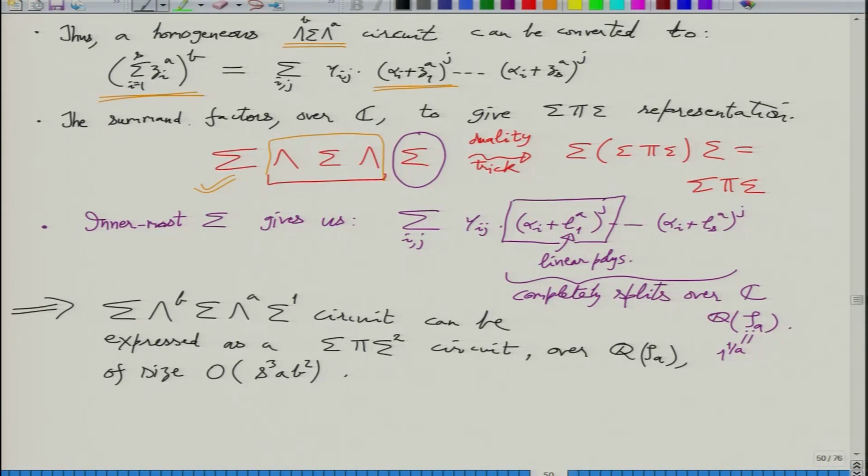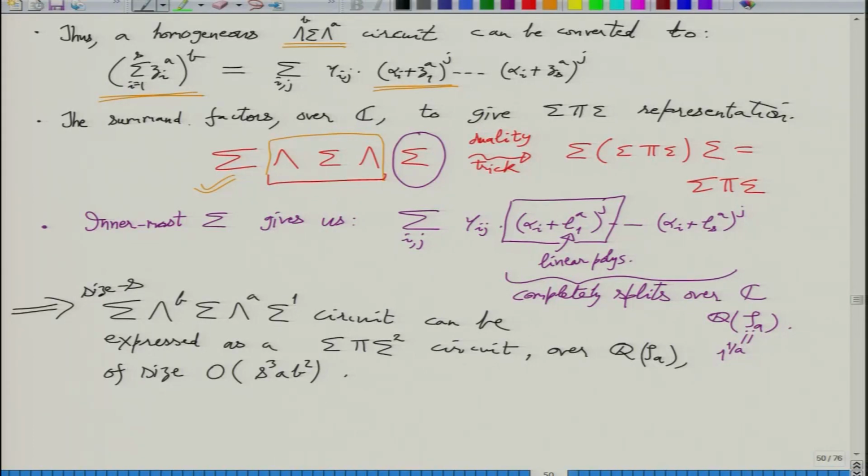It's ultimately going to be polynomial in S, A and B, given the original size S. So a size S depth 5 circuit is brought down to depth 3 of similar size. Do we agree? Any question here?